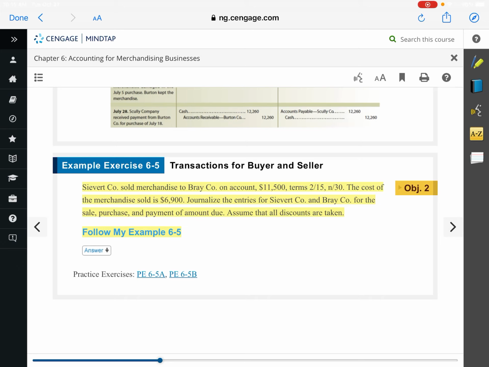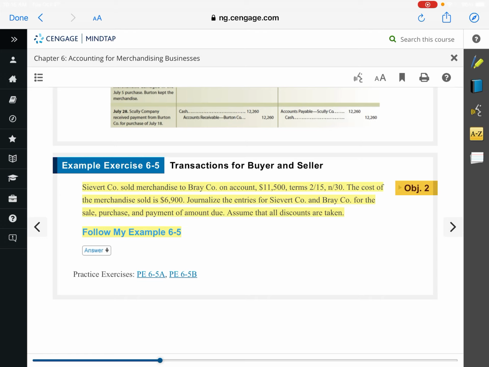So what all do we have to figure out for the seller? First of all, what happened for them? They made a sale, right? All right, so how would they record their sale? What would they debit? Anybody?